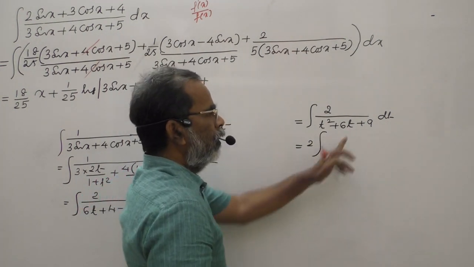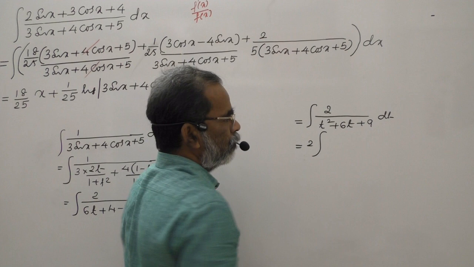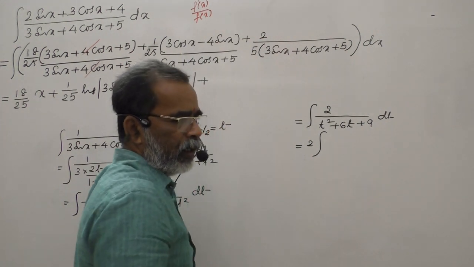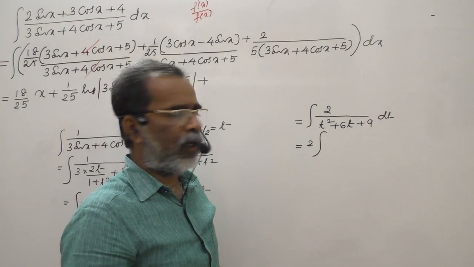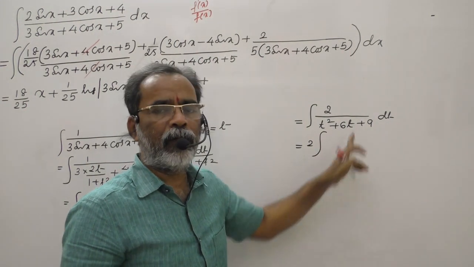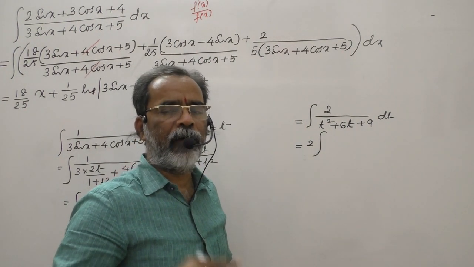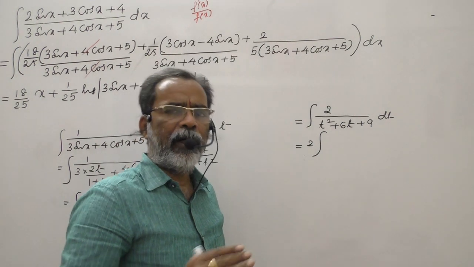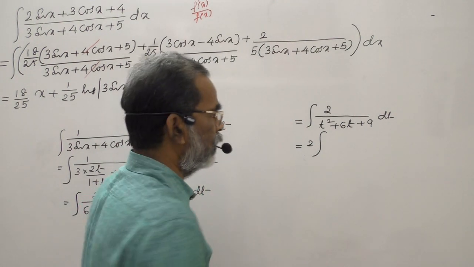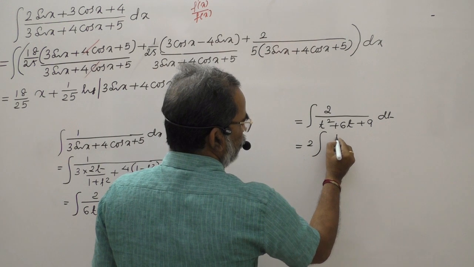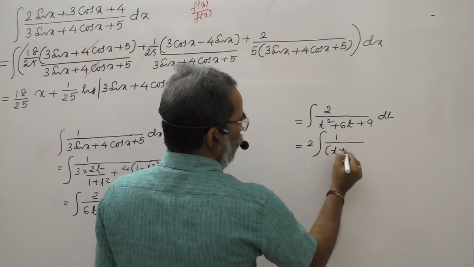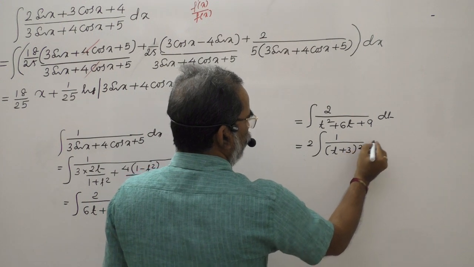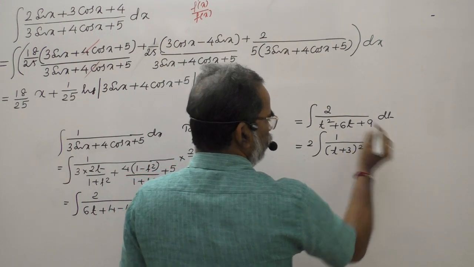You can factorize this, then use partial fractions, or directly transform this into the form x square minus a square, x square plus a square, etc. But here you please see this. This is simply t plus 3 whole square into dt.